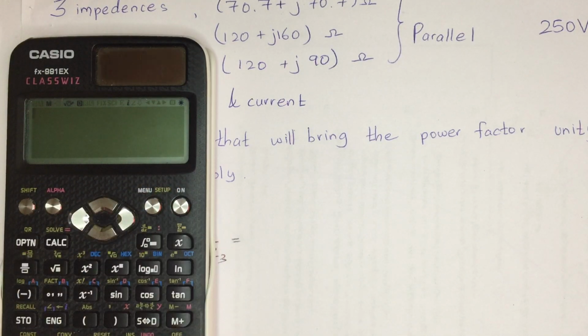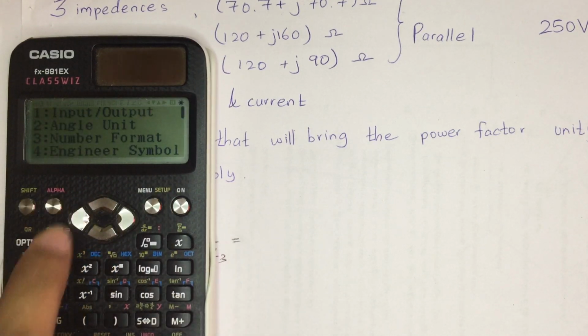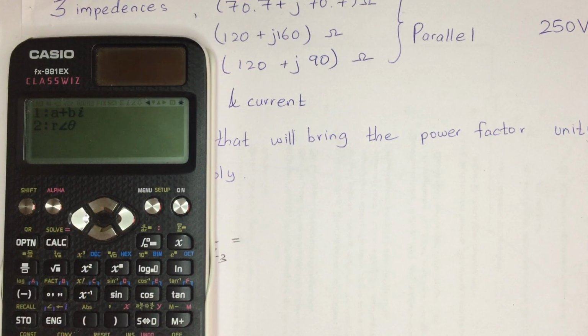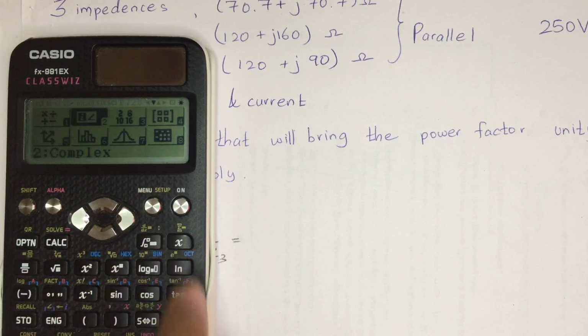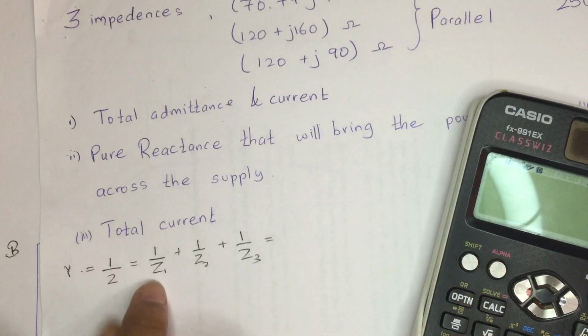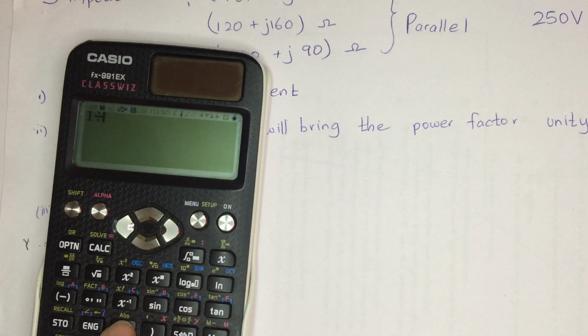So I'm going to do it a little bit faster. Let's change this. We need to check whether it's in the complex number form. Yes, it's in the complex number form. Okay, let's move to the question. So the first part is 1 over Z1, so I'm going to use 1 divided by Z1.